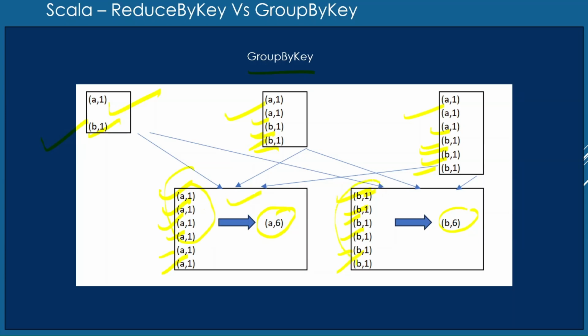This is the B, which is part of a partition stored in a different executor, and when it shuffles, then the aggregation happens. That's why it is not a very performance optimized aggregation function. So I think you can understand why it is not very performance optimized: it requires a lot of memory during the shuffling operation.